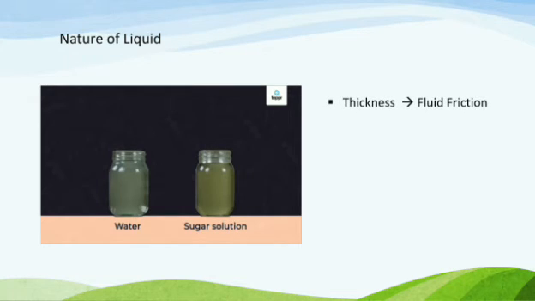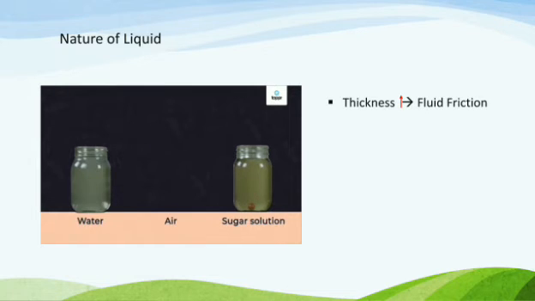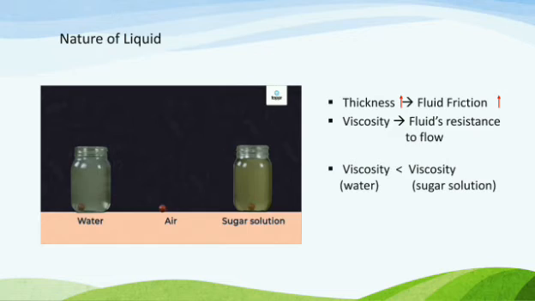The thickness of the fluid affects the fluid friction, so the ball slows down in the sugar solution. If the thickness of the fluid increases, then the fluid friction also increases. The fluid's resistance to flow is known as viscosity. The more viscous, the more friction.